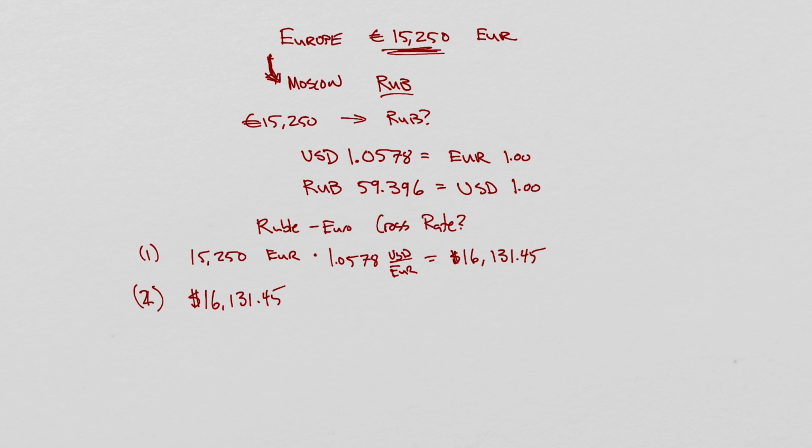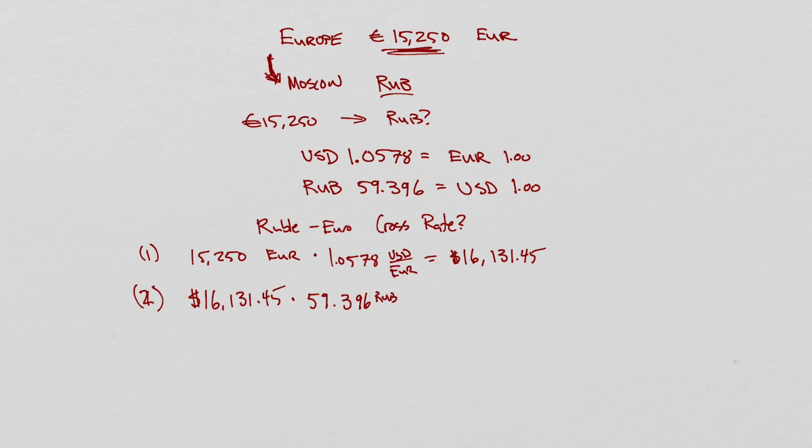So if I'm going from dollars to rubles, that's a big step up in terms of ratio. So I know that I'm going to get a bigger number. I want to end up with a bigger number. Again, I'm going to multiply 16,131 times this exchange rate of 59.396 rubles to the dollar.